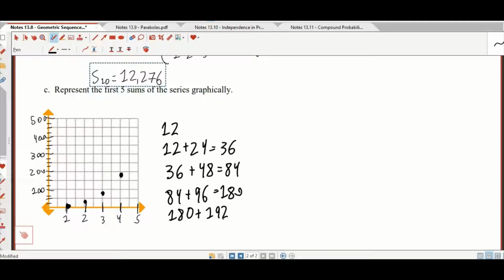Add that to 180, and you're going to get 372. Something like that. And you can kind of get the idea of what it's doing, can't you?